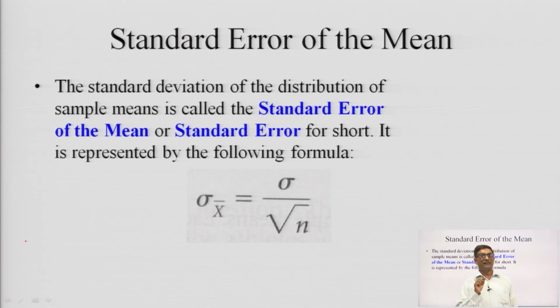I repeat, the standard deviation of the distribution of sample means is called the standard error of the mean. It is represented by the following formula: standard error of mean equal to sigma upon square root of n, where sigma is the standard deviation of the population and n is the size.